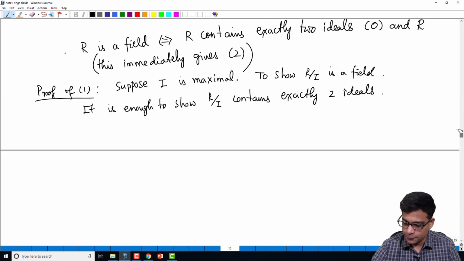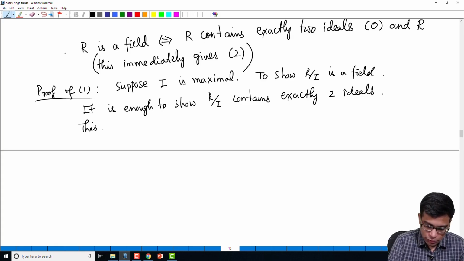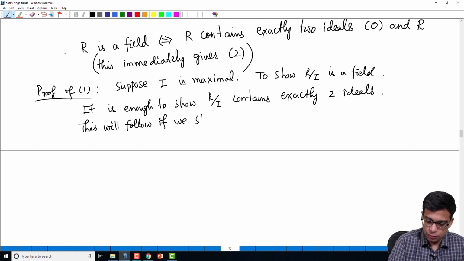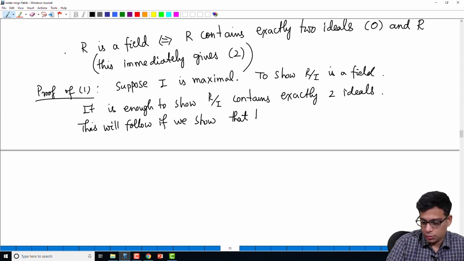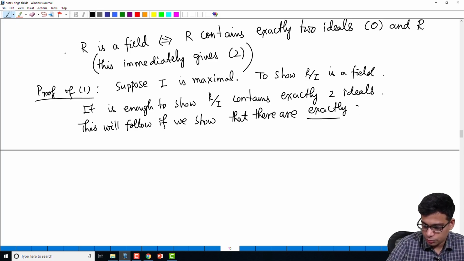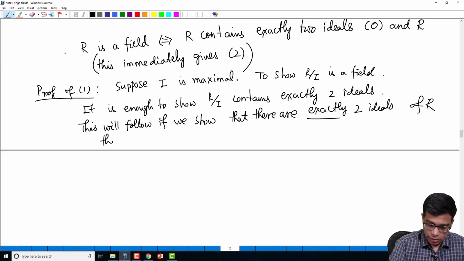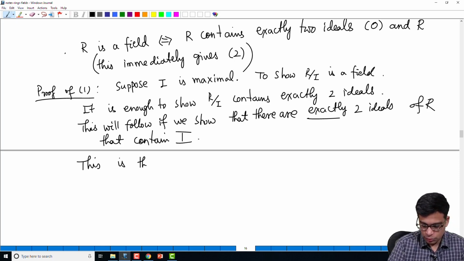But this is clear now. This will follow if we show that there are exactly 2 ideals of R that contain I. This is true by definition of maximal ideals.